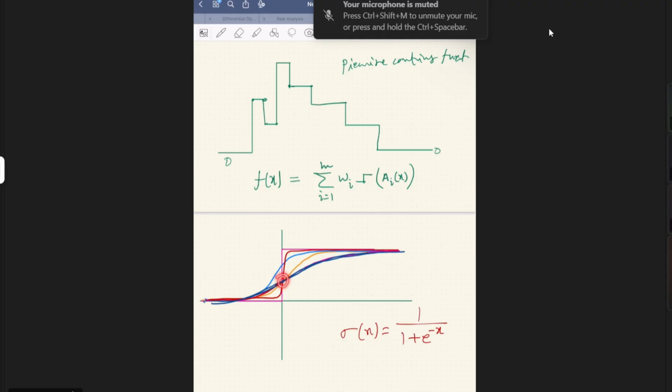Now, if we think of this signal, and if I keep some kind of parameter here, alpha x, that alpha is the one which is varying the signal.